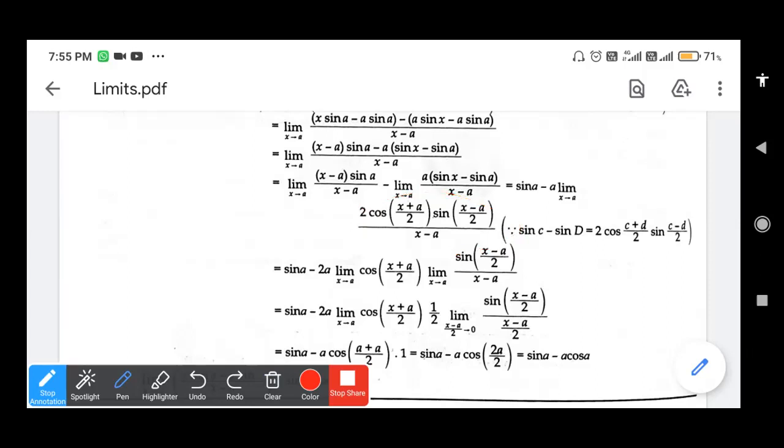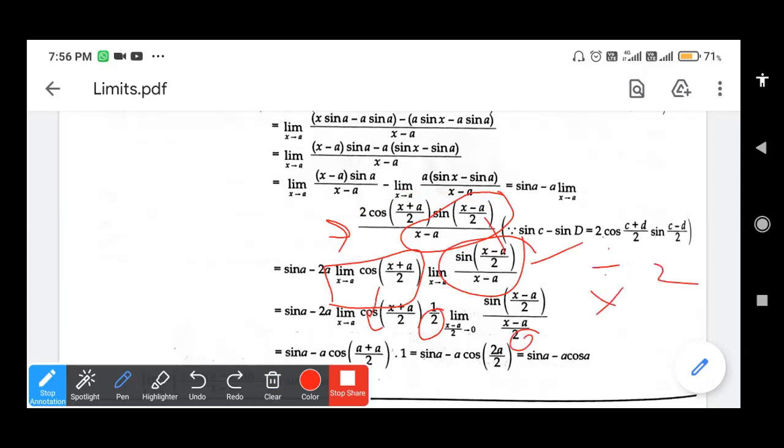In this part, 2 cos (x plus a) by 2 we wrote over here. Then limit sin (x minus a) by 2, we are writing over here. This part is again the same, but in the part we got from here, we are multiplying and dividing by 2. Understood till here?